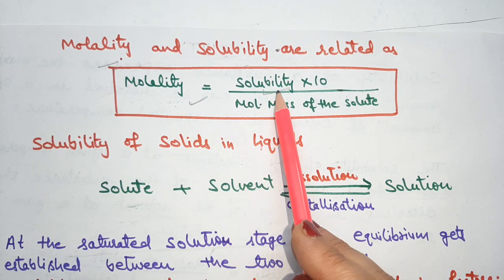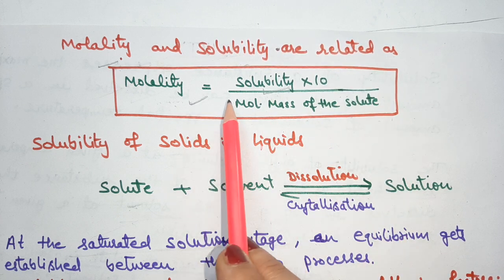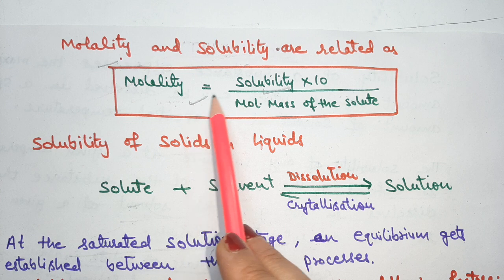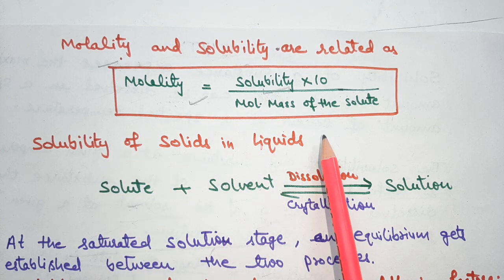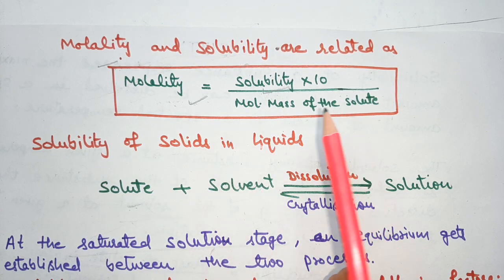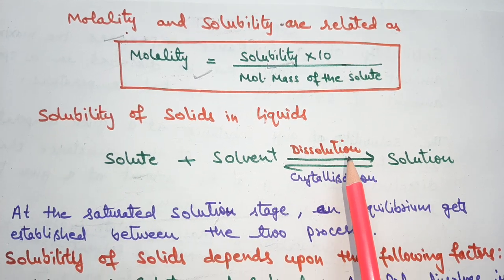Molality is equal to solubility into 10 upon the molar mass of the solute. If sometimes we have to calculate molality and solubility is given, then by applying solubility in the formula we can calculate molality, and also if molality is given, the solubility of the substance can be calculated.